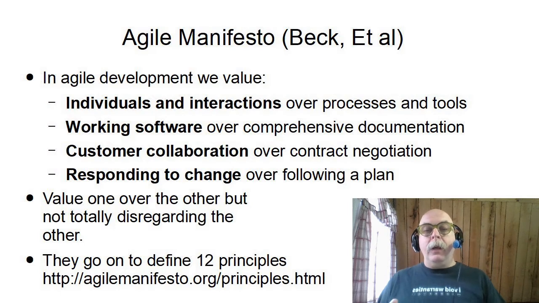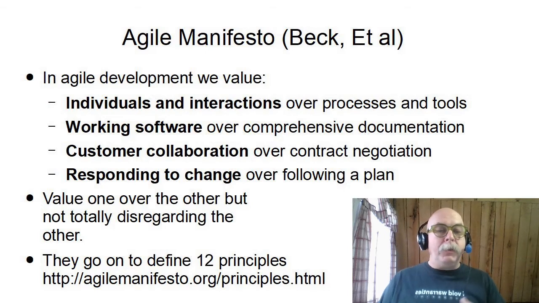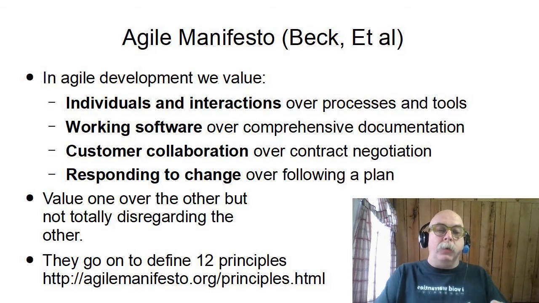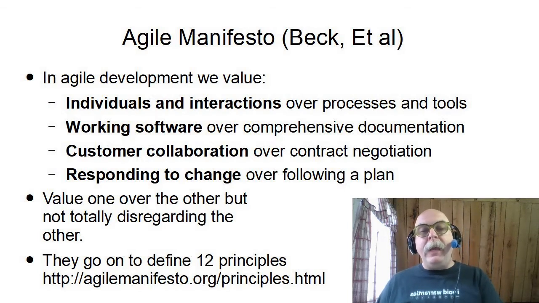Something else that we value is customer collaboration. We want the customers to be involved in an agile methodology. We want their input immediately rather than negotiating the contracts of exactly what we're going to do over the next several months or years. And in the Agile Manifesto, we respond to change over following a plan.